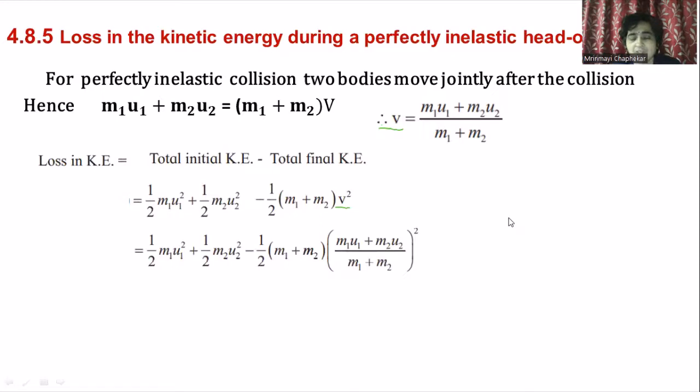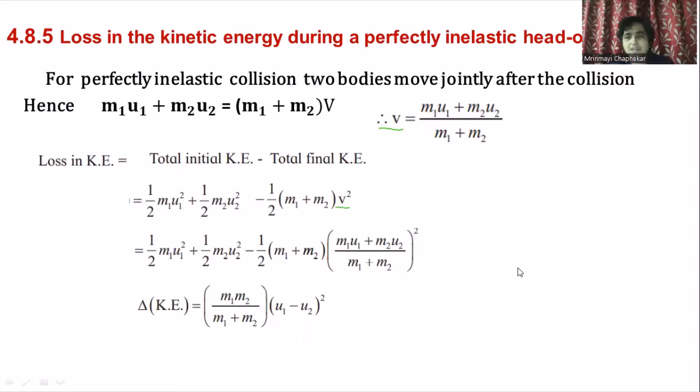This we need to evaluate. One can do it using pen and paper. See, this m1 u1 plus m2 u2 is squared. So one m1 plus m2 and one m1 plus m2 will get cancelled. And if we calculate, we get it like this: m1 m2 upon m1 plus m2, bracket u1 minus u2 bracket square.